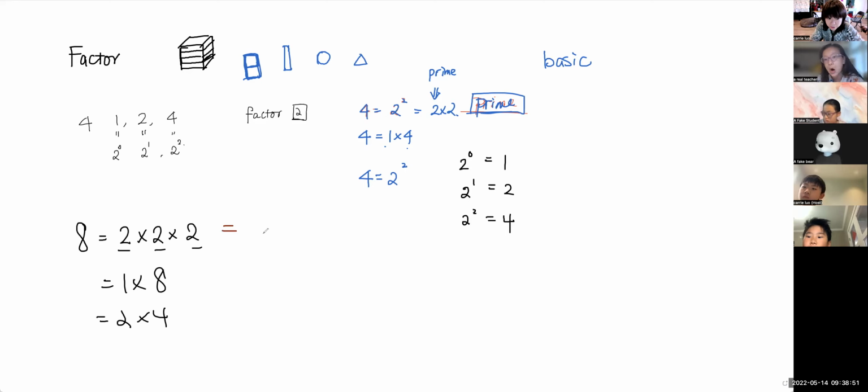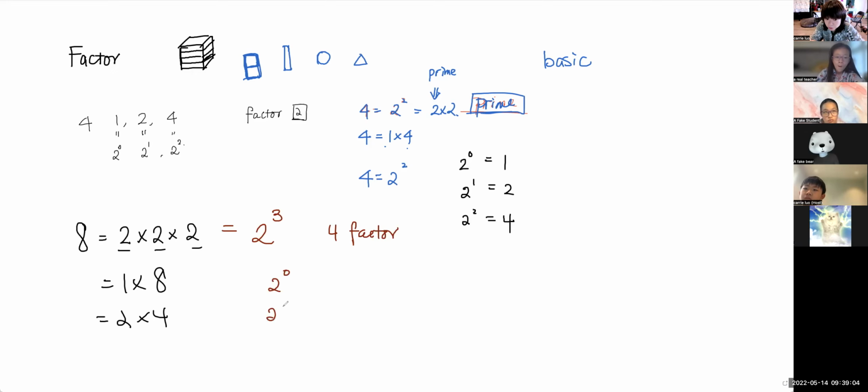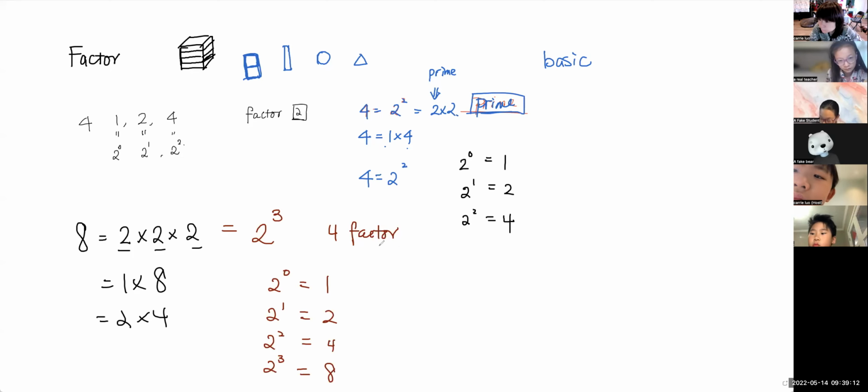So 8 equals 2 to the power 3. Immediately, I know 8 has how many factors? 4 factors, right? Because I can use 2 to the 0, 2 to the 1, 2 to the 2, and 2 to the 3. So that's why it's 1, 2, 4, and 8. Get it?